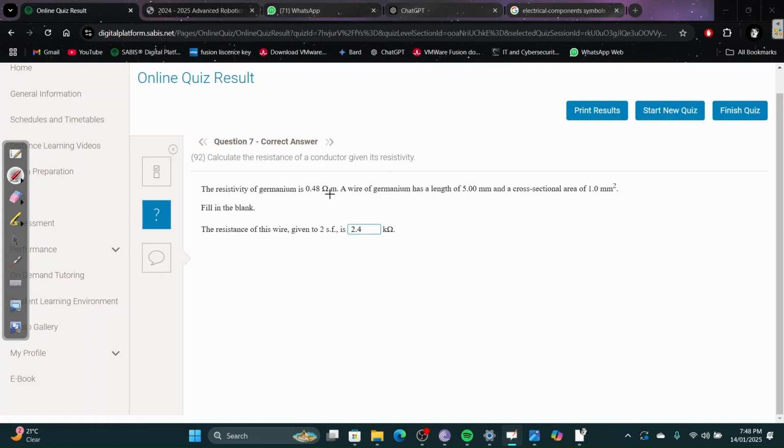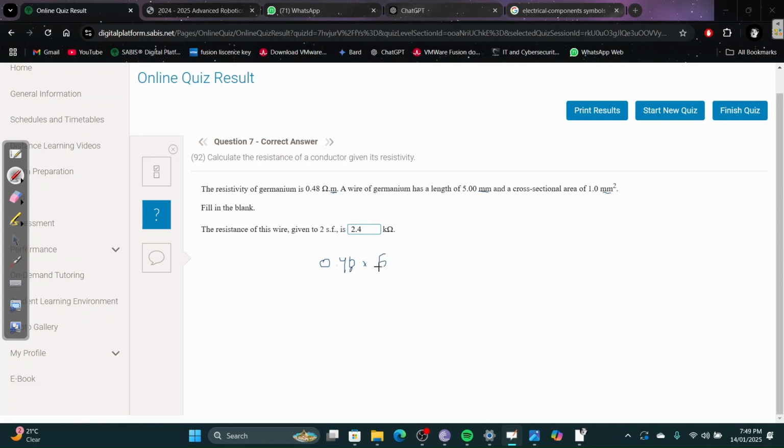Now, notice here you have meters, but here you have millimeters. You can't change the unit of resistivity, it's going to be very hard for us to do, but you can change the length. So we keep the 0.48 the same, times, to change millimeters to meters you multiply by 10 to the negative 3.